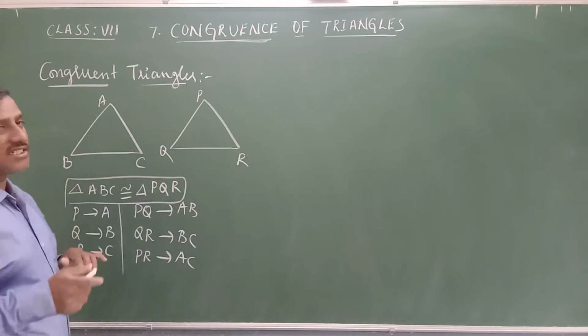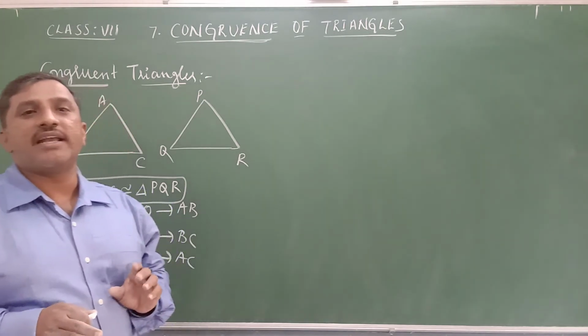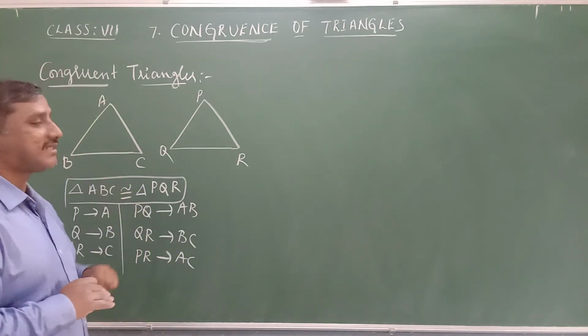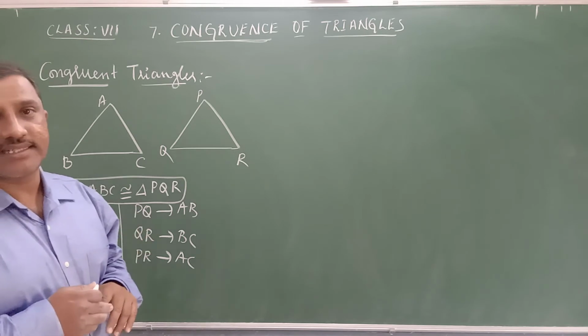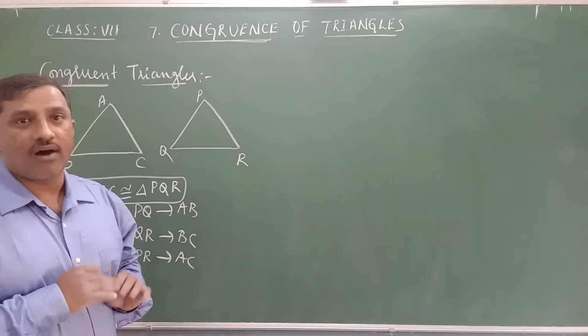So, if two triangles are congruent, then their corresponding parts, that is angles and sides, are equal.